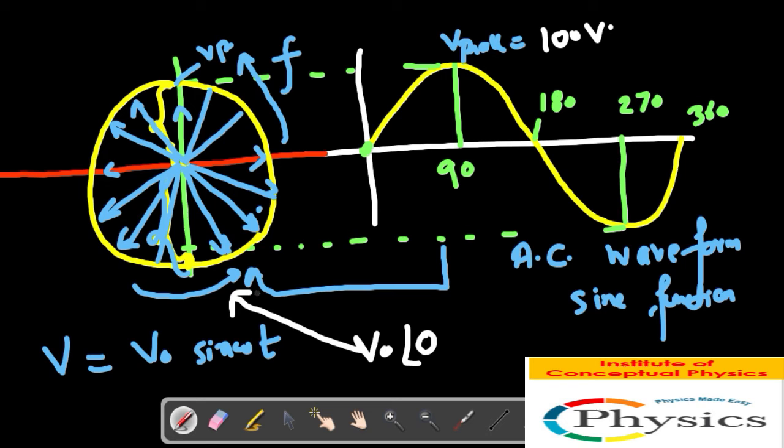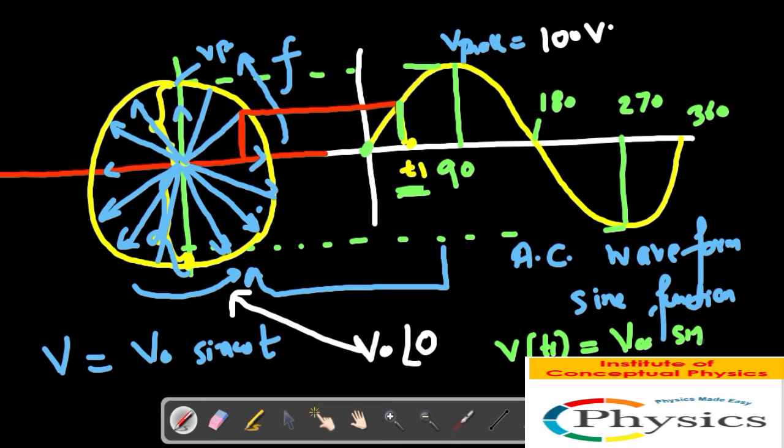Now let's take up a time which is t1 here. Let's say the time is t1, and now extend this here. This particular value, the value I'm showing in green now, is the instantaneous value at time t1, and can be written as V t1 equal to V naught sine of omega t1.